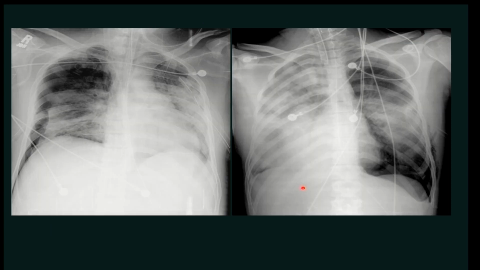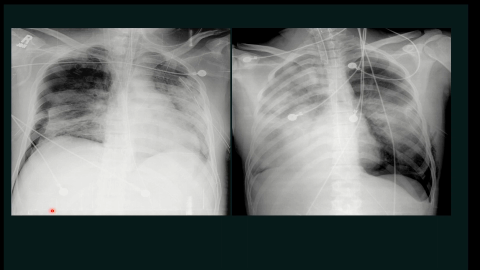So the basic intention is to include the CP angles in the FOV. We request our techs to at least include the entire chest, at least the CP angles in an ICU chest radiograph, because besides air under the diaphragm, this small amount of air in a supine position is extremely helpful.